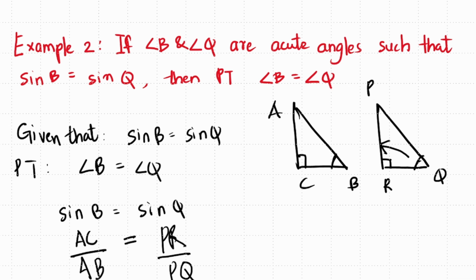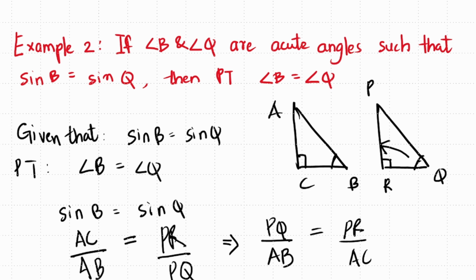Okay. Now we'll do a small interchanging over here. What we're going to do is cross multiply, and we'll write PQ by AB and PR by AC.